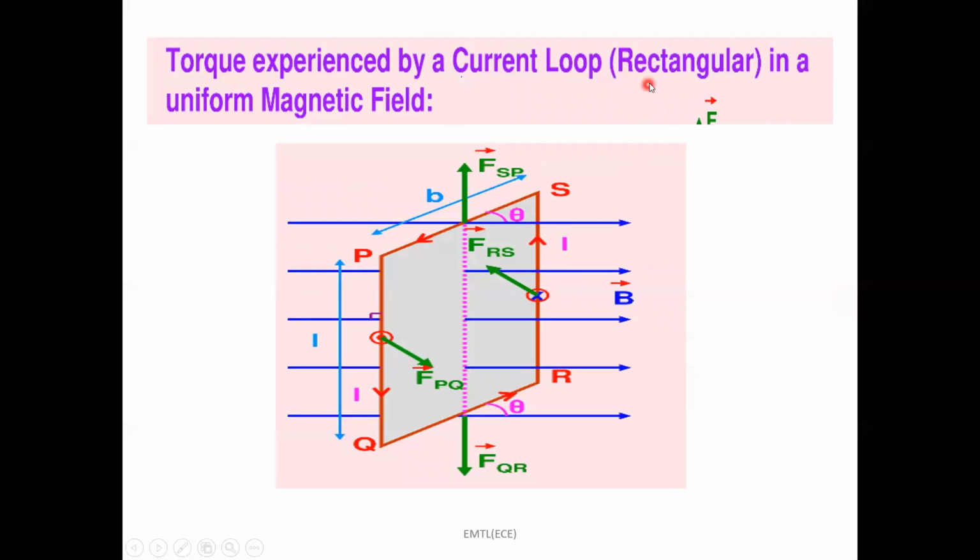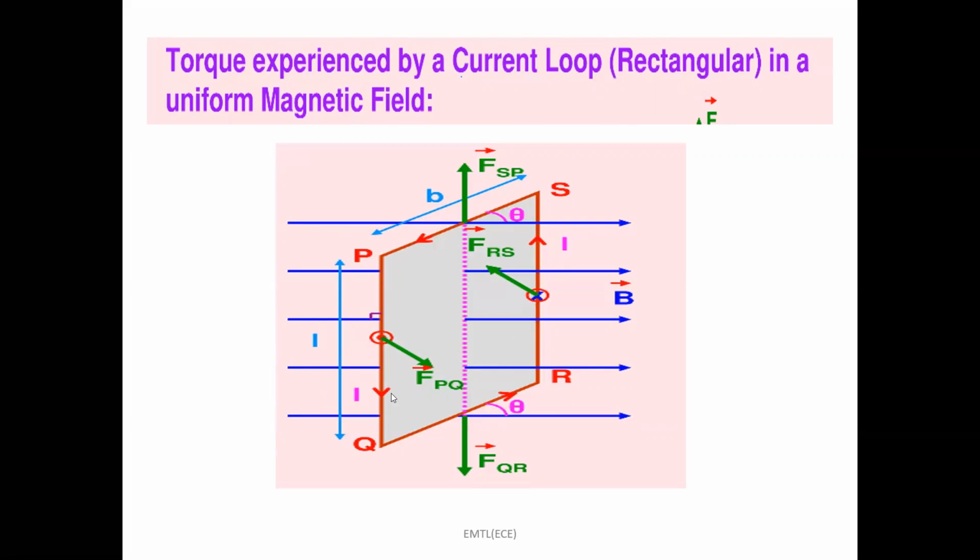Now the next topic is torque experienced by a current loop in a uniform magnetic field. When you observe the figure, this is the magnetic field direction and this is the current loop in a rectangular shape, P, Q, R, S, P. The width of the rectangular current loop is taken as capital B and the length is small l.